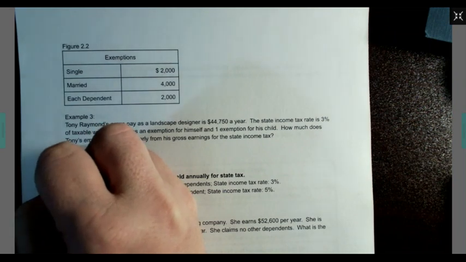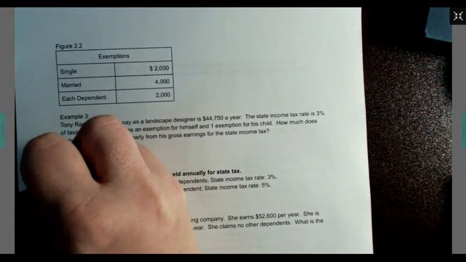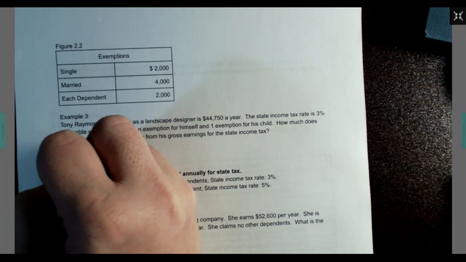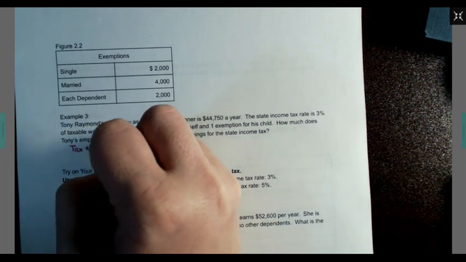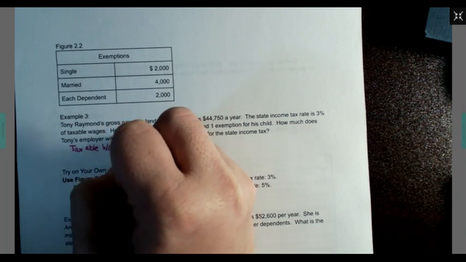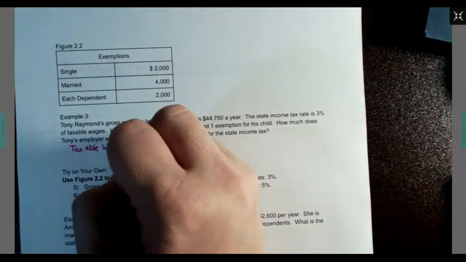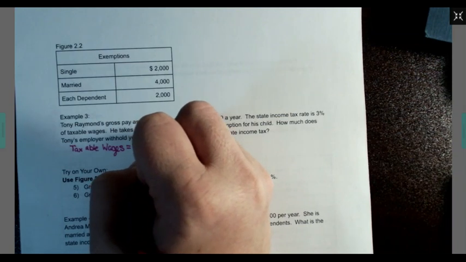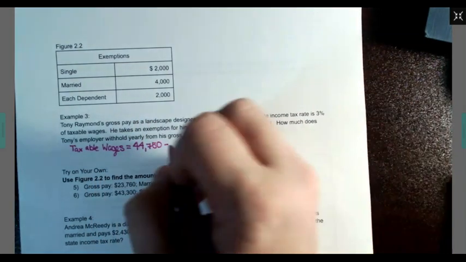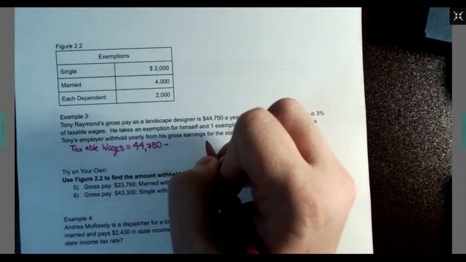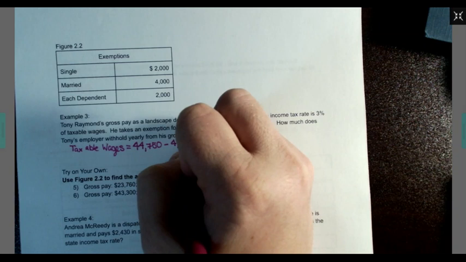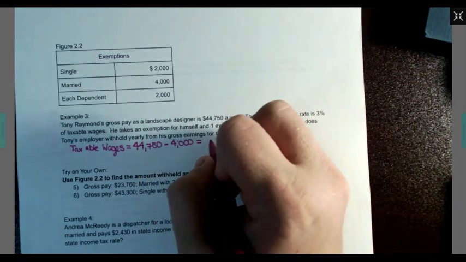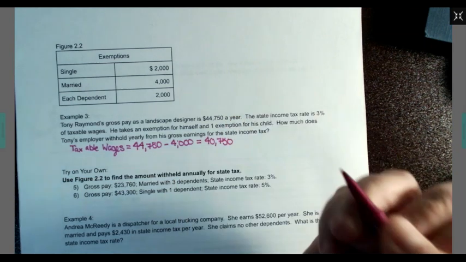So we've got taxable wage is going to equal this $44,750 minus the $2,000 for himself and the $2,000 for the child, so $4,000 in exemptions. That gives me $40,750.